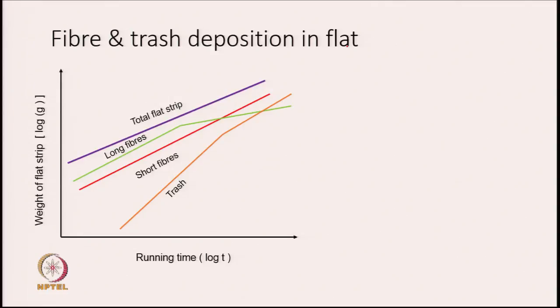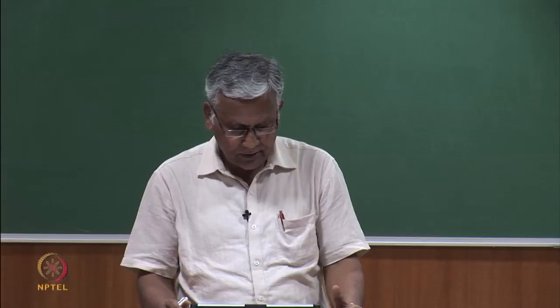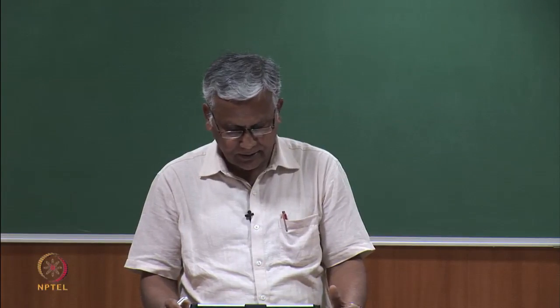The slopes are different. The slope for the trash particles is very high, then the rate of deposition of trash is much faster in comparison to the short fibers shown by the red line. Its slope is less in comparison to the trash, and the slope for the long fiber is still less, and therefore, we can say the deposition rate of long fibers will be less in comparison to short fibers or trash particles.